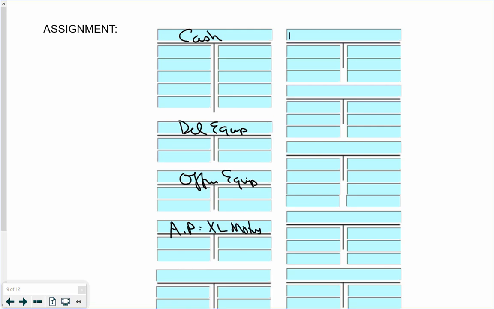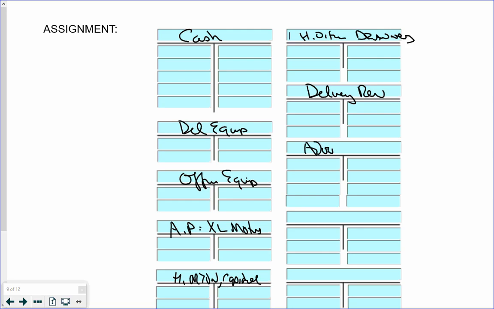And then you've got H. Orton Capital, and then H. Orton Drawings. Hold on, 1, 2, 3, 4. 1, 2, 3, 4. Yeah, and so don't do the income summary account. Skip over that.